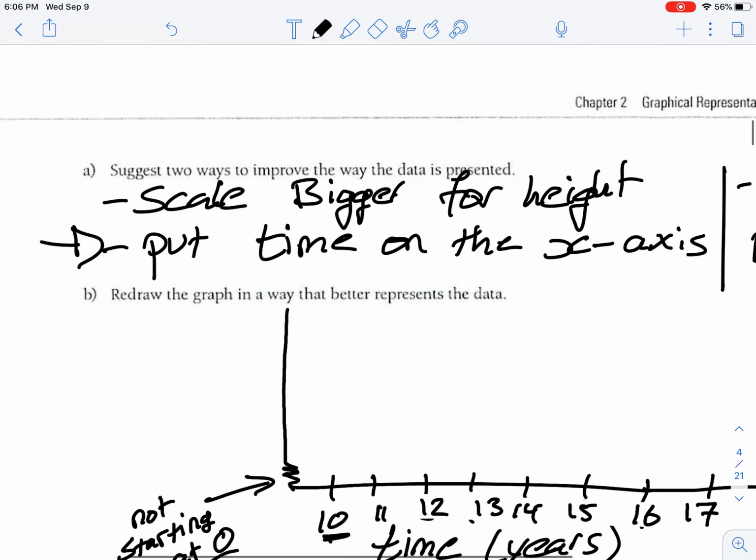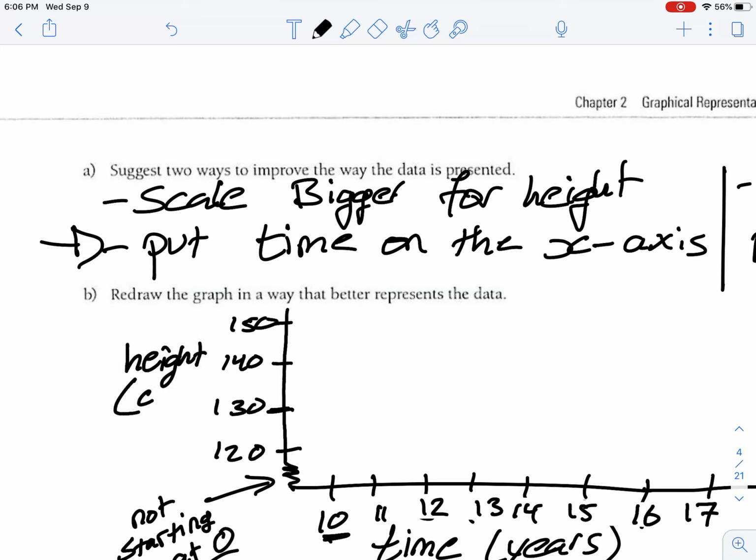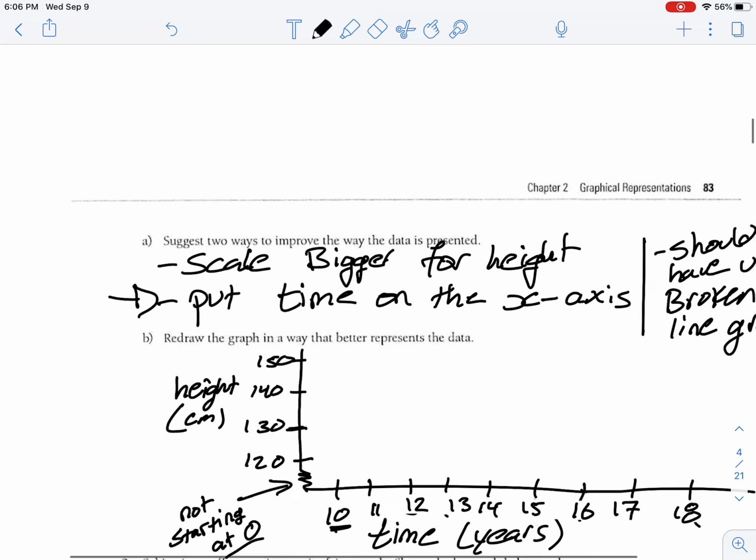At roughly 125. So we're going to start at 120. Is that smart? Yeah, let's do 120 here. And then we're going to go 130, 140, 150. Okay, and remember, this is the height, and we're going to give it centimeters.